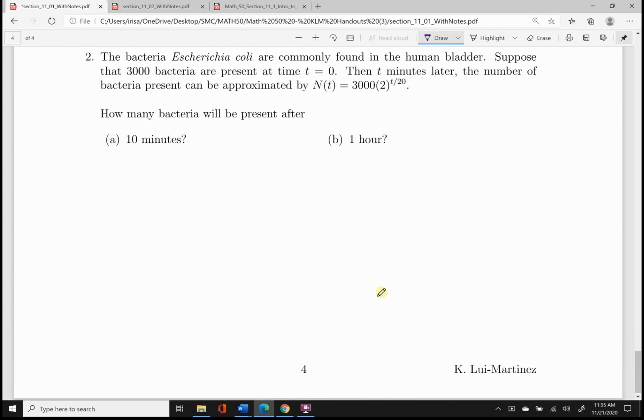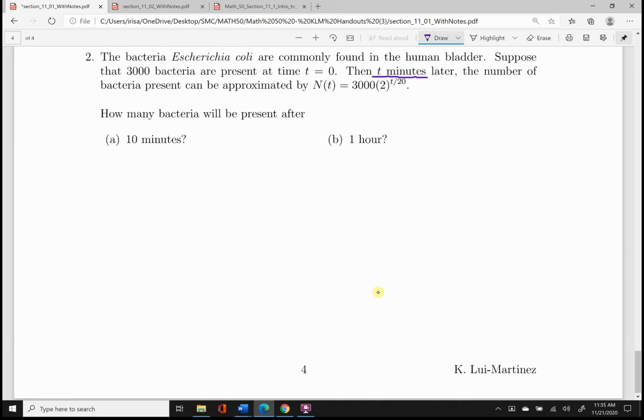Let's do this again, but with another type of model. This one's going to be an exponential growth model. And we need to recognize that the time frame is in minutes. So t is in minutes, okay?